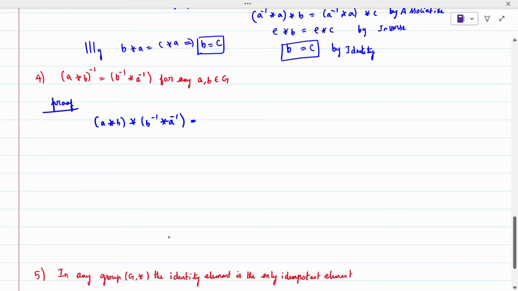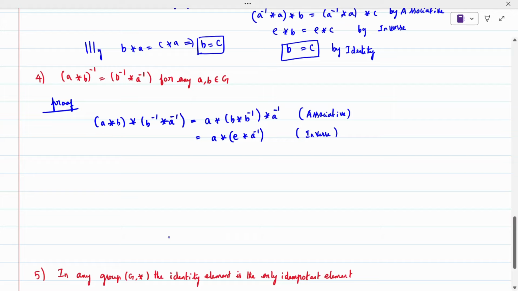When I take it, I will change the bracket, A star B star B inverse into star A inverse, by associative. Now A star E star A inverse. This is by inverse.